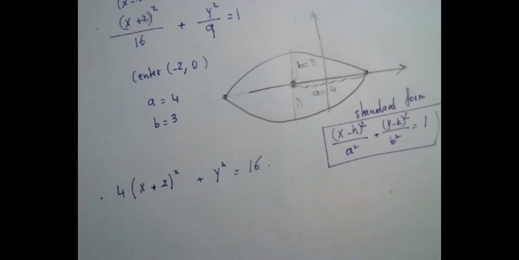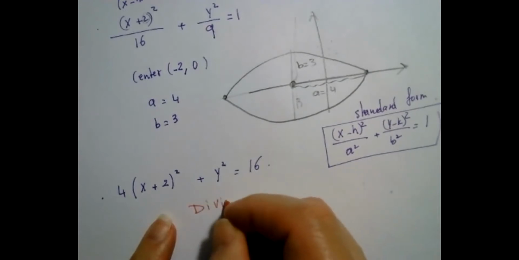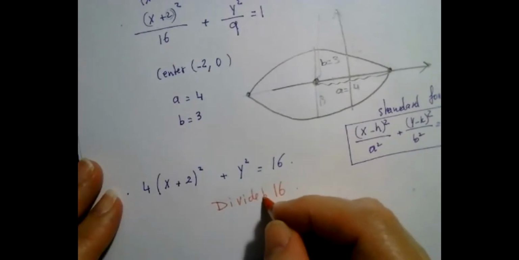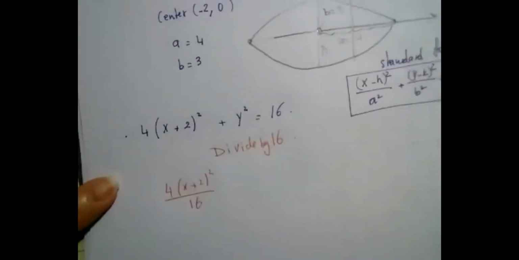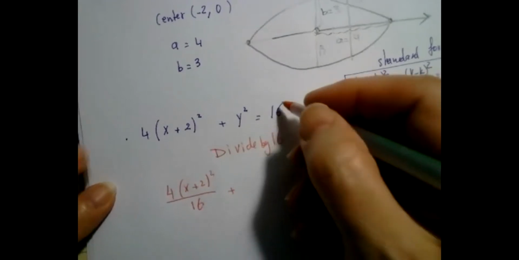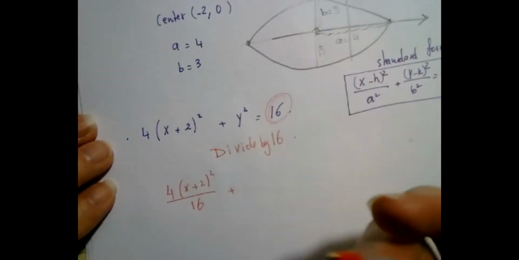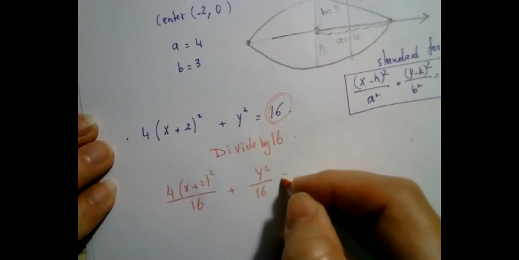Okay. So if I want to put this in standard form, I have to divide by 16 across, like I did before. Divide by 16. And this would give me 4 times x plus 2 squared over 16 plus. So I'm always dividing by the term to the right to make this term to be 1. That's really the technique, the games we are playing.